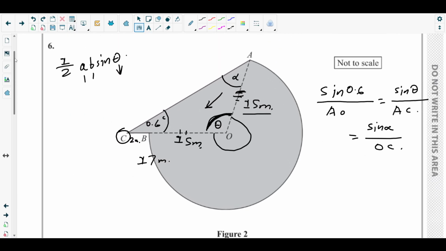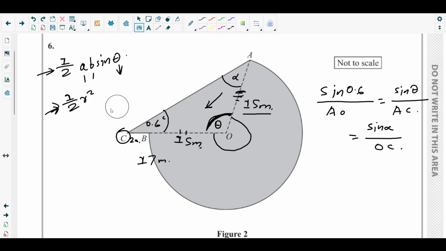Now the area of the major arc. So the area of an arc, it's not an arc actually. The AB is a major arc, but AOB is a major sector. Okay, major sector. Consider the difference. So the area of the major sector is half r squared theta. Remember, this theta is not that theta.